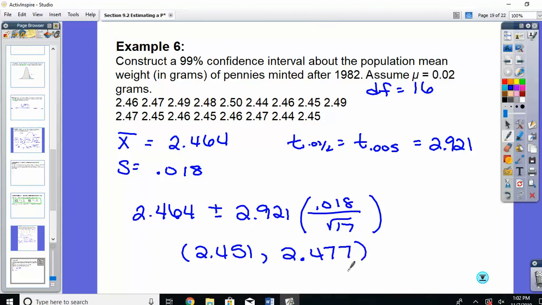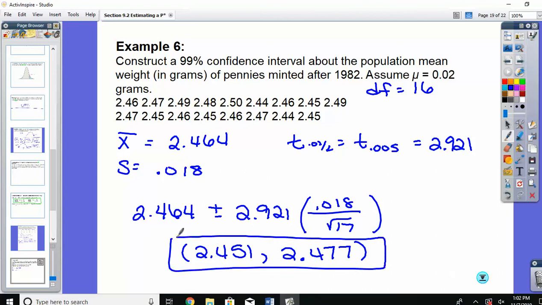So I get an interval 2.451 to 2.477. Again, if you rounded your s differently, then you might get a slightly different interval. Slightly different, I mean like the nearest thousandth, the last decimal place, might be off.